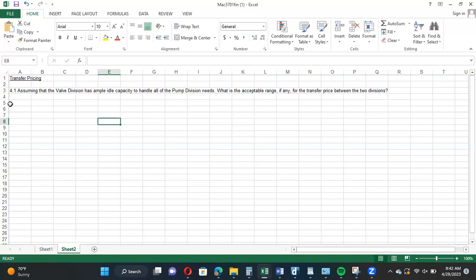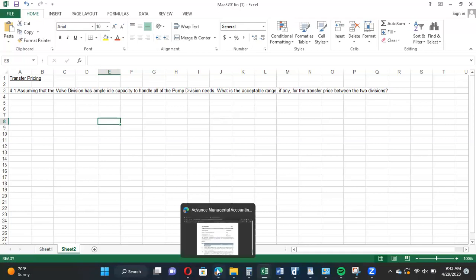What's important, of course, like in any other question, is to know what your objective is in answering these questions. So our starting point is assuming what is the acceptable range. What must a range give you? It must give you the minimum price as well as the maximum price. That's what a range has to give you.